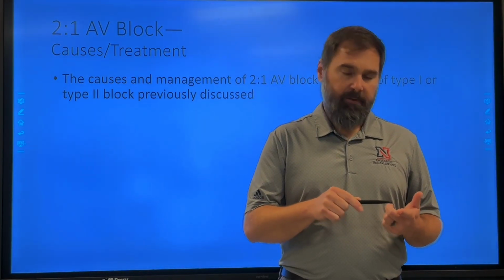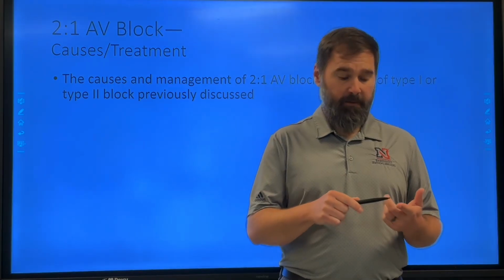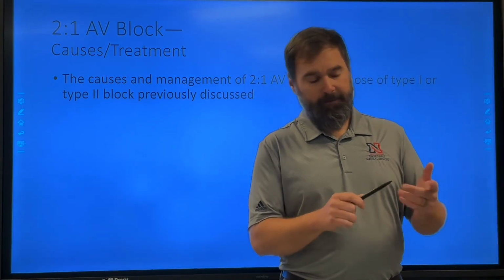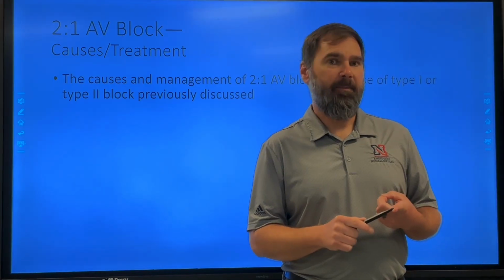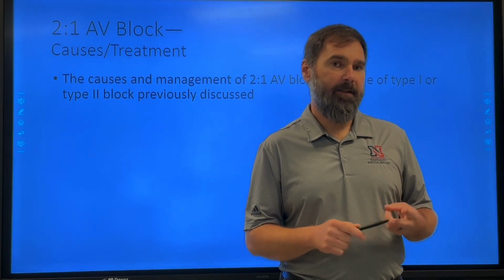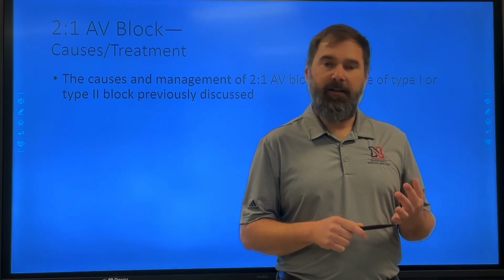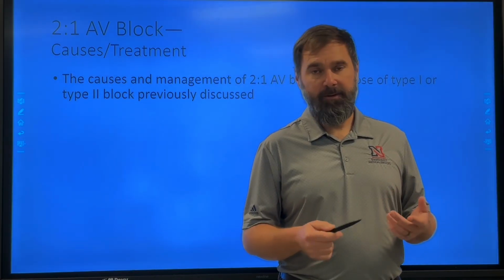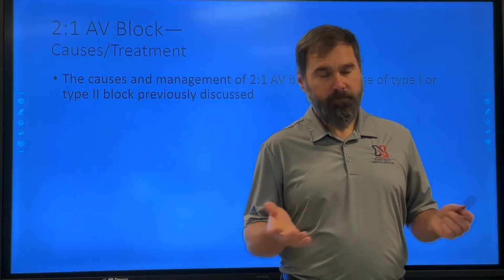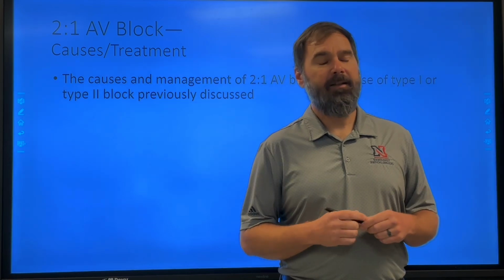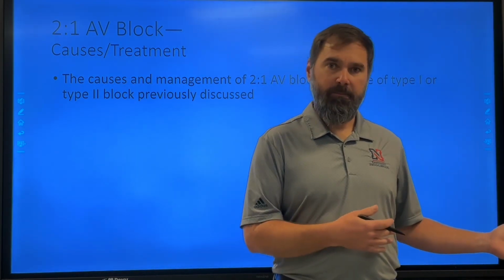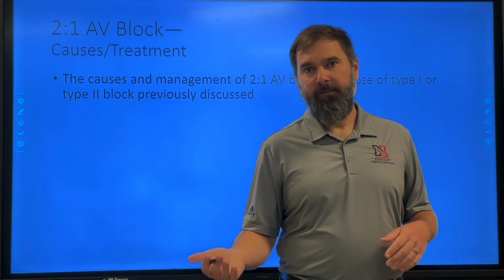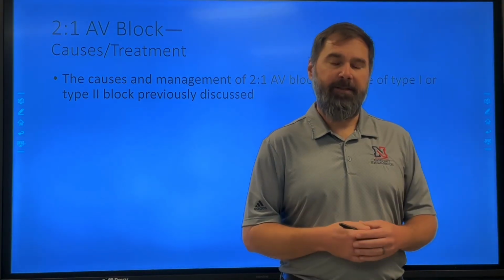Will atropine help? Let's go back before that. How stable is your patient? Is your patient symptomatic but stable, or symptomatic but unstable? How's their perfusion status? Do they have altered mental status? What's their blood pressure? Is your patient hemodynamically stable or not? If they're not, we're going to go to therapy. That therapy may include atropine or transcutaneous pacing.